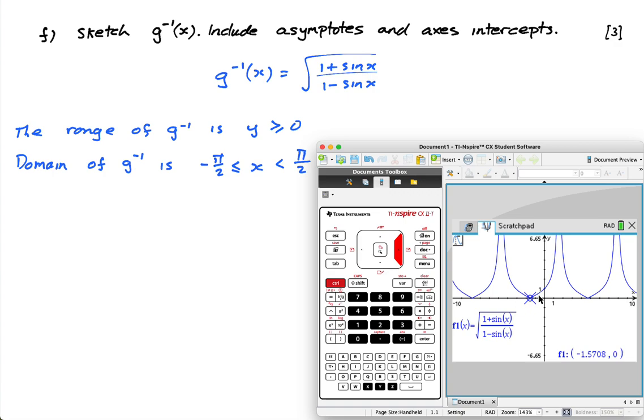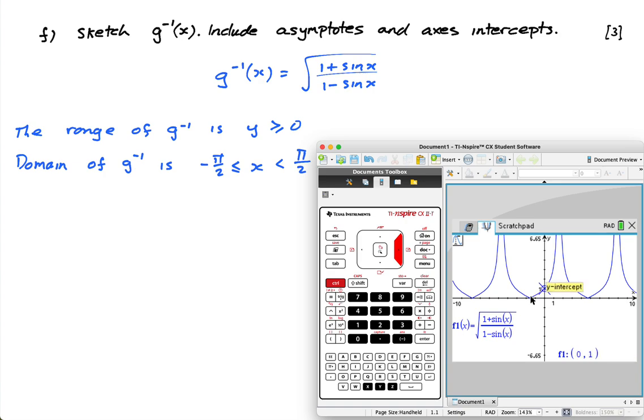That's because if you put negative pi over 2 into x here, you get sine of negative pi over 2, which is minus 1, and 1 minus 1 is 0. And you get 1 minus minus 1, which is 2, so it's 0 over 2, which is 0. So at negative pi over 2, you get a 0. And then it continues along here.